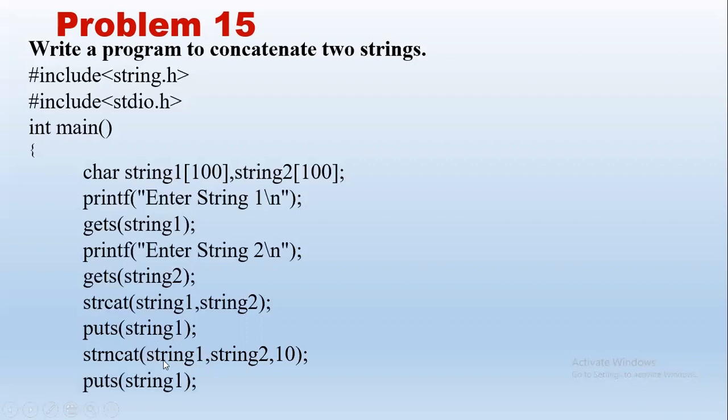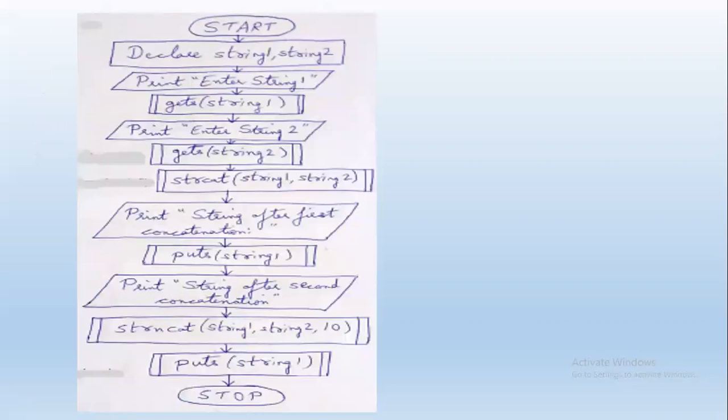So print string 1. Let's see, the flowchart here shows the same. So declaring the required strings, taking input for string 1 and string 2, concatenate the entire string 2 to string 1 and print that string 1. Next part is to show the implementation of strncat, wherein we specify 10.